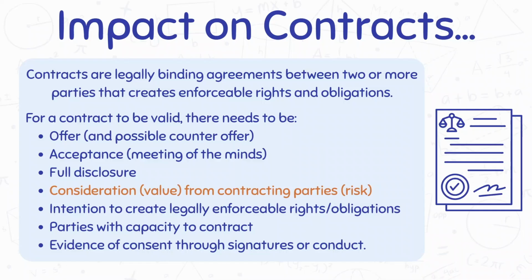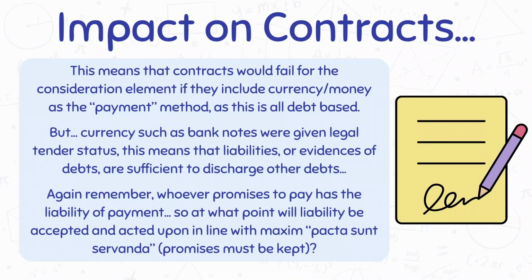So hopefully you'll be able to see that contracts would usually fail for the consideration element if they include currency, or what we commonly refer to as money, as the accepted payment method, because we know this is all based in debt and no true tangible asset has been exchanged.